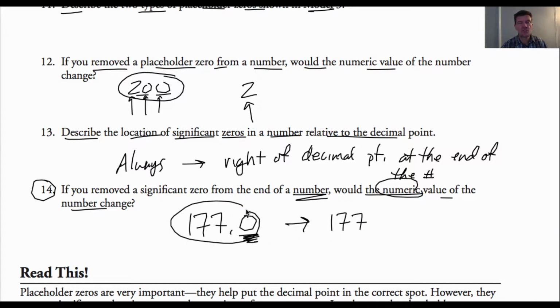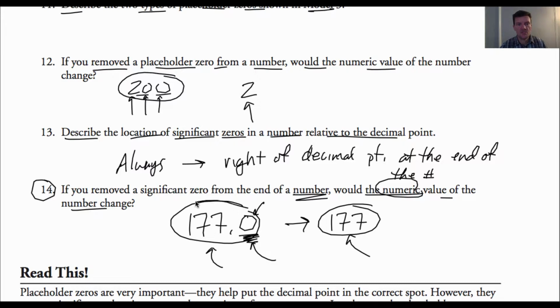These two, as far as the numeric value, are going to be identical. If I gave you $177.0, that's the same as $177. So the numeric value doesn't change, but the precision of the measurement is different between those two numbers.